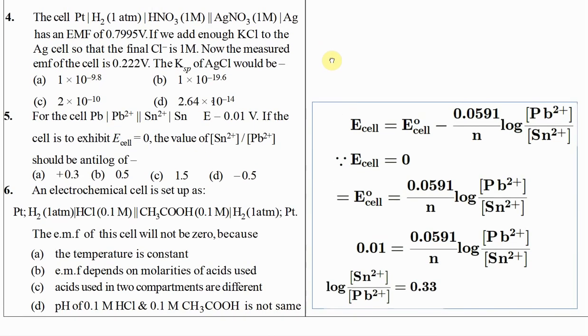Going to question number 4. They have given you a cell and then they have given you the EMF of the cell. If you add KCl such that the final concentration is so much, what will be the KSP?